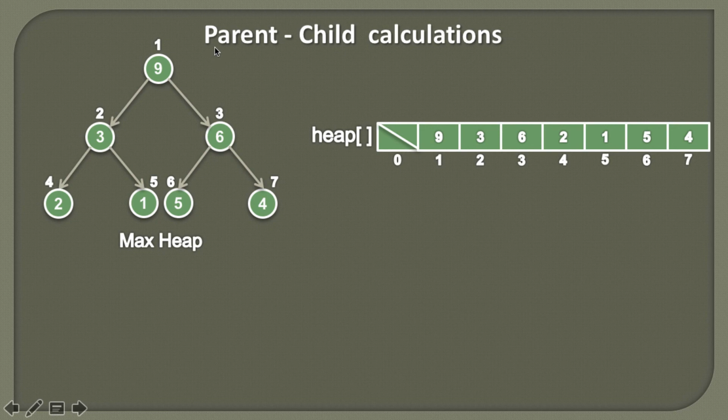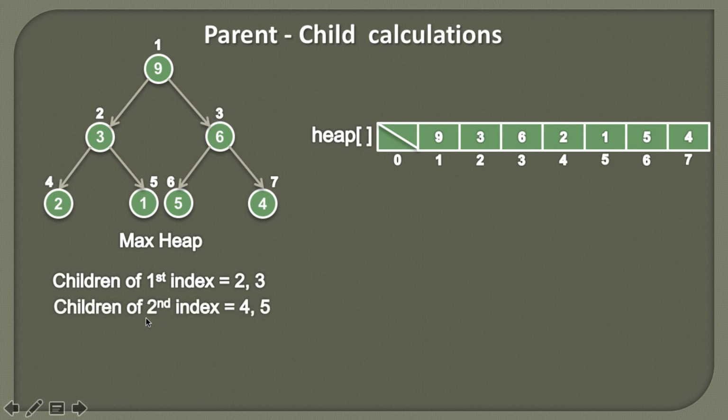But in order to calculate the parent and child of a particular index, there is a formula. So we already saw that the children of the first index are 2 and 3. We saw that the children of the second index, which is this node, are 4 and 5.